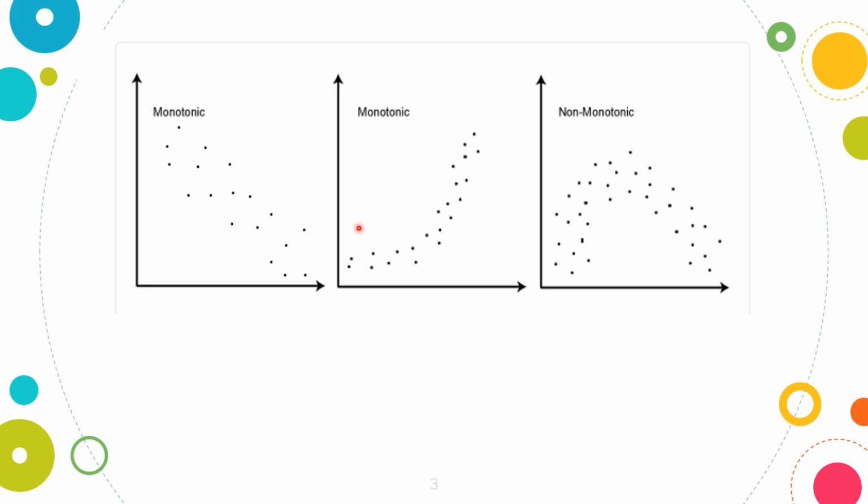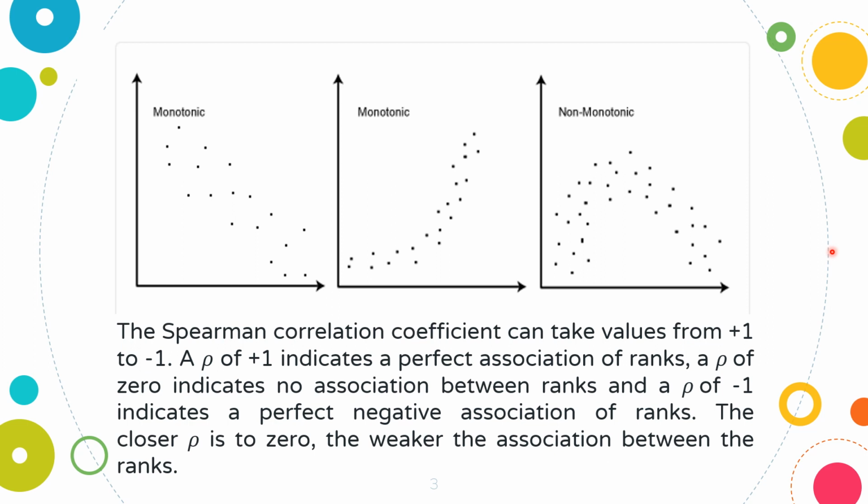For Pearson, that is linear. For Spearman, it is a monotonic relationship. So we also have interpretation for Spearman class. The Spearman correlation coefficient class can take values from +1 to -1, which is the same as the Pearson. Wherein if our rho is +1, it indicates a perfect association of ranks or perfect positive correlation, kapag eksaktong 1 yung value ng Spearman natin.